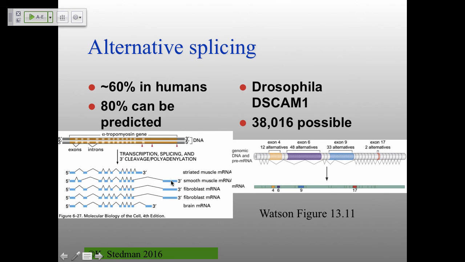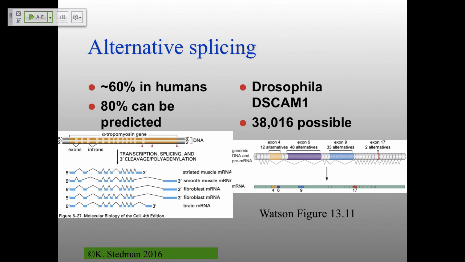So it turns out tropomyosin in fibroblasts, you need something different than what you need in brain, or different in various different muscles. About 60% of human genes are known to be differentially spliced.